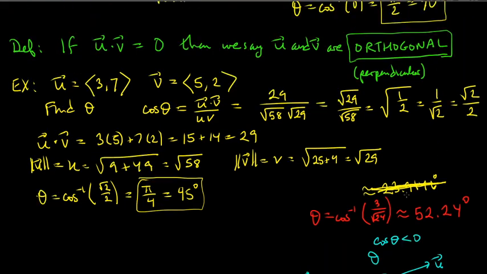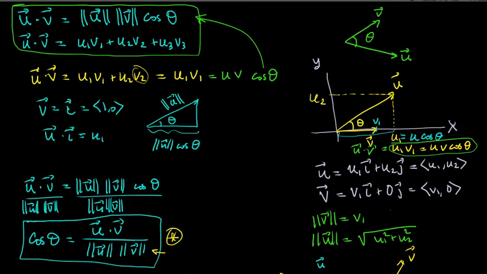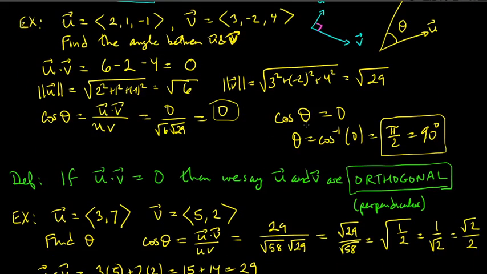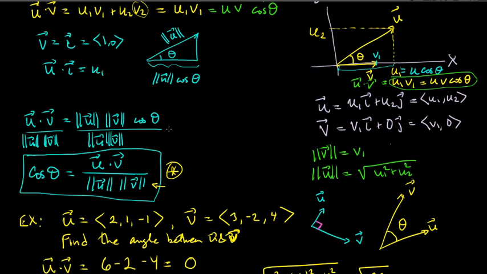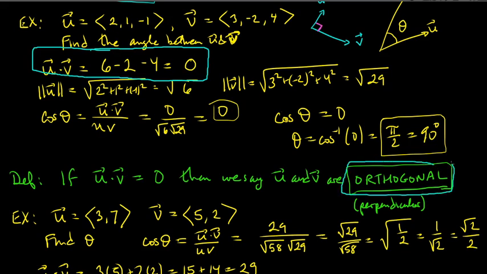Oh, and of course the dot product could be negative. It's just a sum of these components, and if some of the components are negative, you can certainly arrange for the dot product to be a negative number as well. So the dot product could be positive or negative, or 0. And if the dot product is 0, as was the case in this example, that's a special case where we say the vectors are orthogonal.